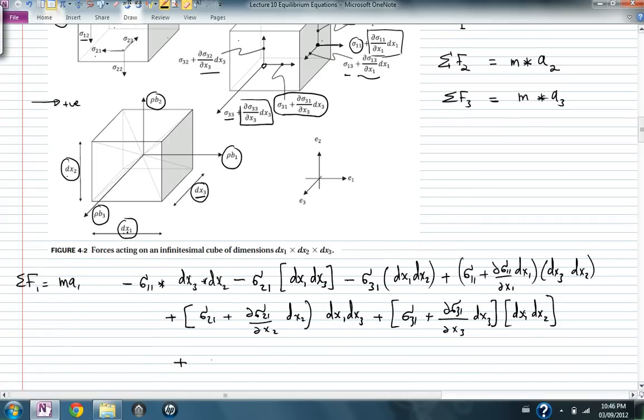Plus the mass multiplied by the horizontal component of the gravity vector. This is equal to mass multiplied by the acceleration. Now the mass of this object is equal to its density multiplied by its volume, which is equal to rho multiplied by dx1 dx2 dx3.